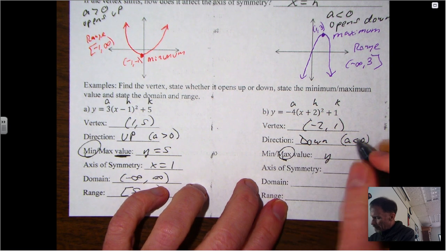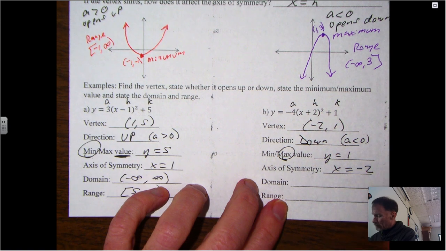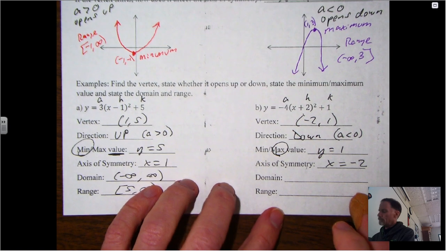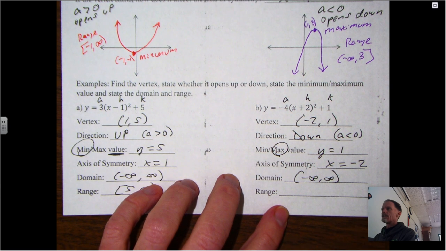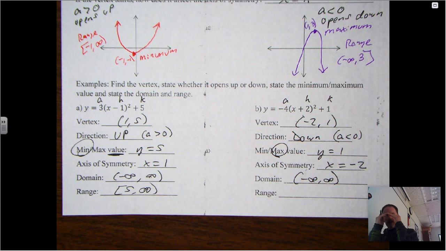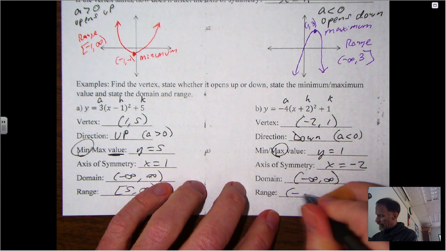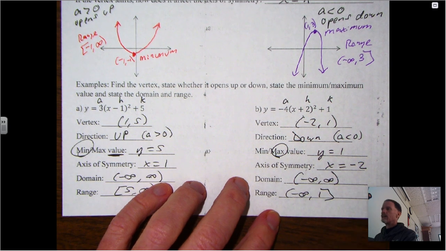So the max value would be at y equals 1. Axis of symmetry, x equals h, so it's negative 2. Domain, not even going to say it out loud because it's always the same. And then the range, again, think of the range as being upside down also. So negative infinity to k, in this case 1, with a bracket.